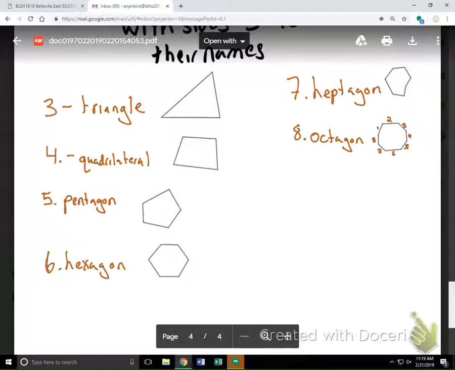Okay, after this we have a 9-sided object, which is a nonagon, N-O-N-A-G-O-N. That's 9 sides.